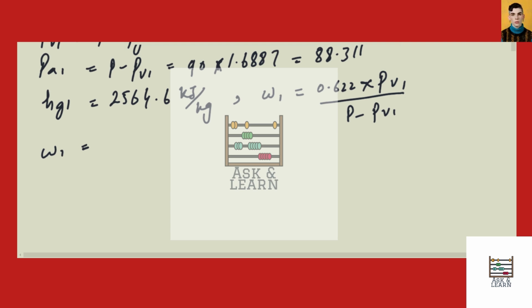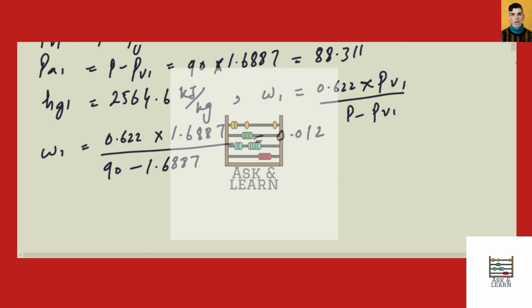So we have W1 is equal to 0.622 multiplied by 1.6887 divided by 90 minus 1.6887, and that is equal to 0.012.